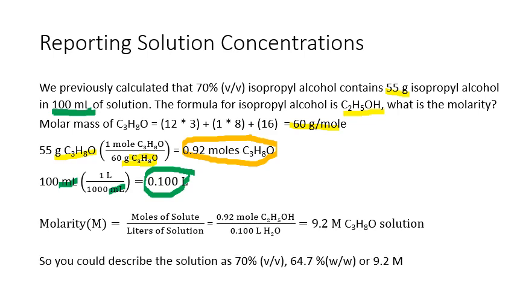And all of those would be perfectly valid ways to describe that same solution. Those are 3 different ways of describing the same solution. It's not different in any way, it's just different ways of reporting the same number. So reporting concentrations is really important, because if you say it's 70%, well, is it 70% volume per volume, or is it 70% weight per volume? There's a difference.